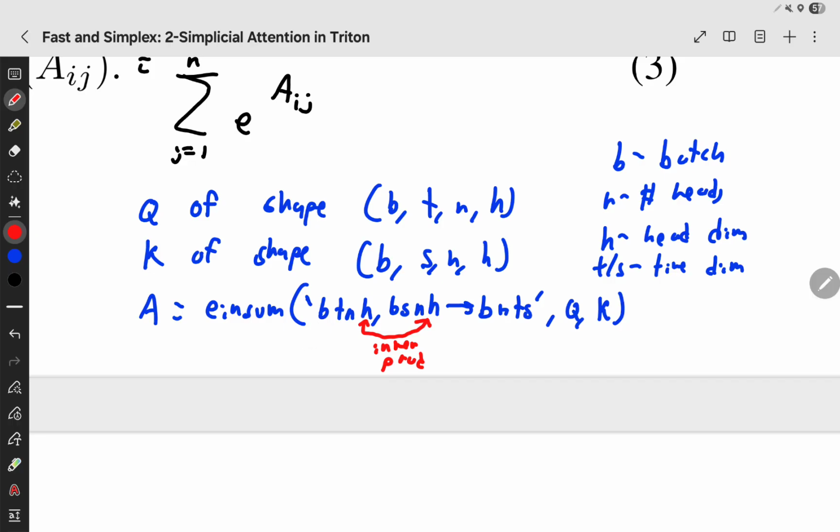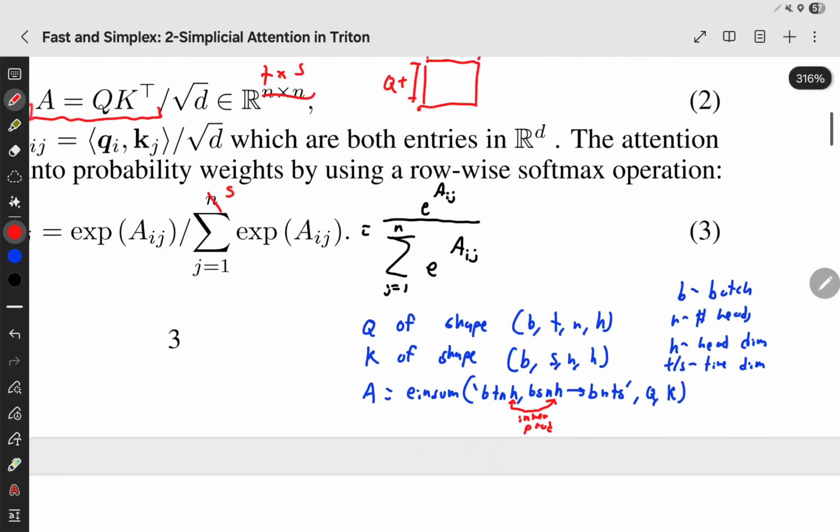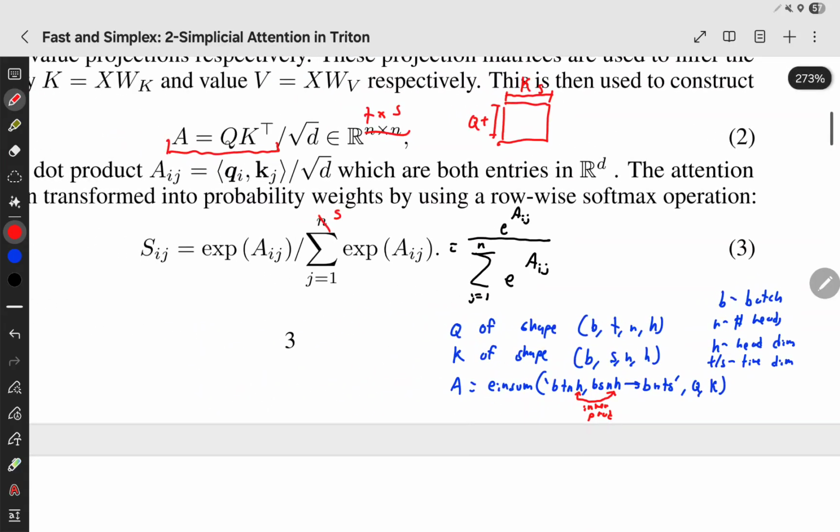So we're doing the inner product on H, which is our head dimension. And B is just left alone, and then N is the number of heads, and we are moving the number of heads into the second axis, and then we have our T by S matrix here. So this is batch by number of heads by our T by S QK matrix. This is just the notation we're going to be using, and after you do the inner product on Q and K, you do your softmax.